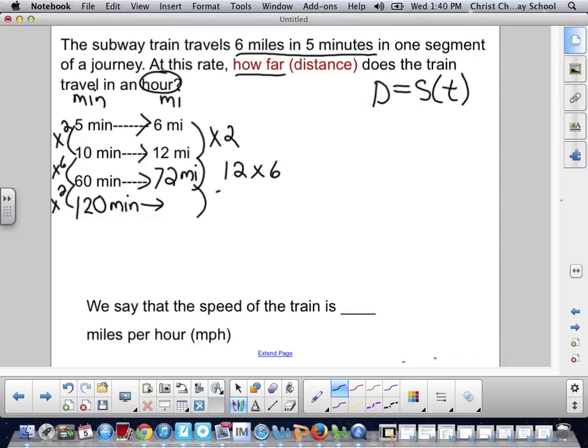So we're going to say 72 times 2. And you can go ahead and do the mental math on that. 72 times 2. And hopefully you said 144 miles.